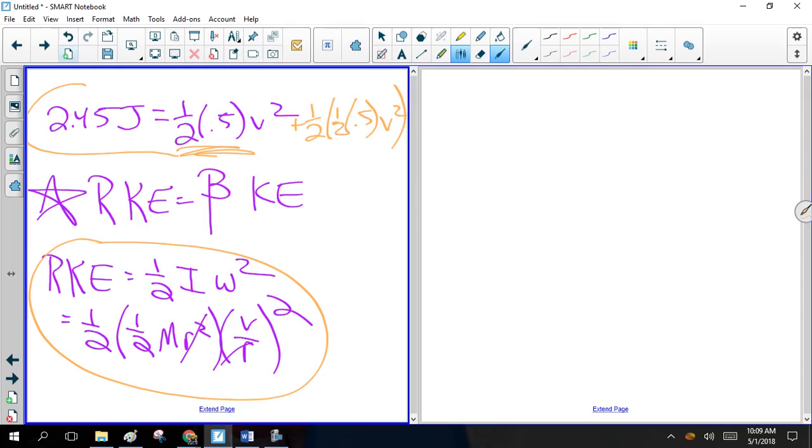Let's see. C, calculate the ratio of the rotational kinetic energy to the total kinetic energy for the cylinder at the moment it reaches the floor. You got to be careful here. When it reaches the floor, is this my total energy? The only force on it while it's in the air is gravity, right? So is this my total energy?